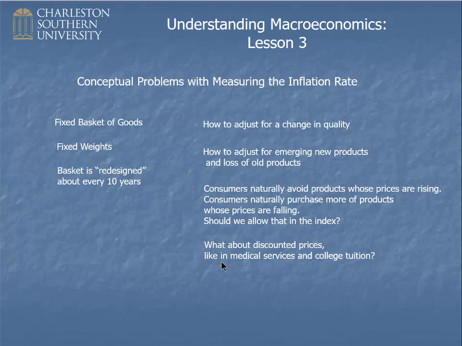It's also common in college tuition, not quite as dramatic as it is in healthcare, but there is the list price of college tuition, the charge per credit hour, and then there is the price that you actually pay after your tuition is discounted for any number of reasons. How should we take that information into consideration?